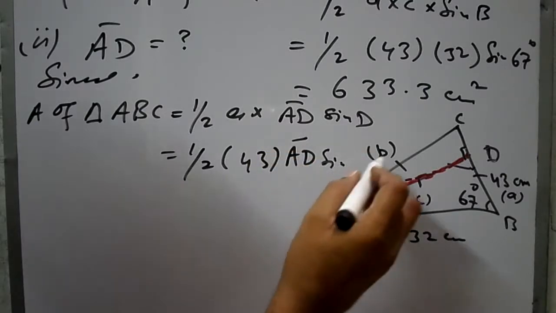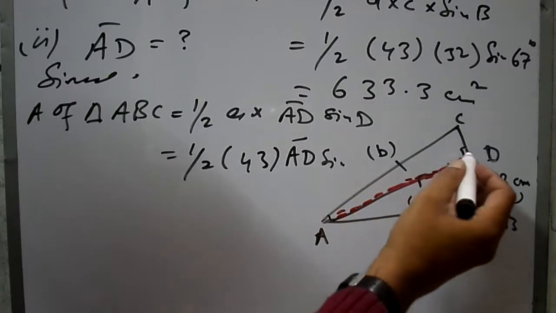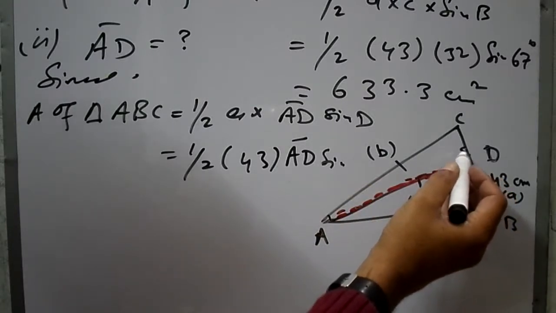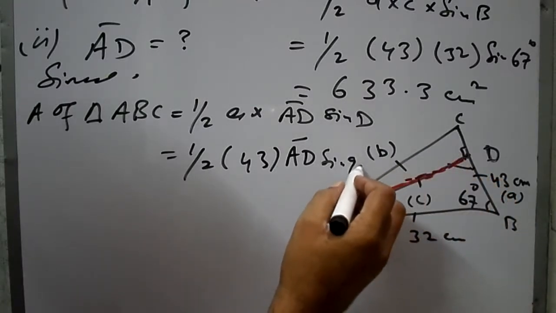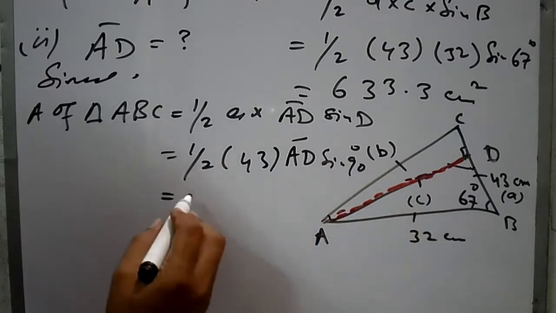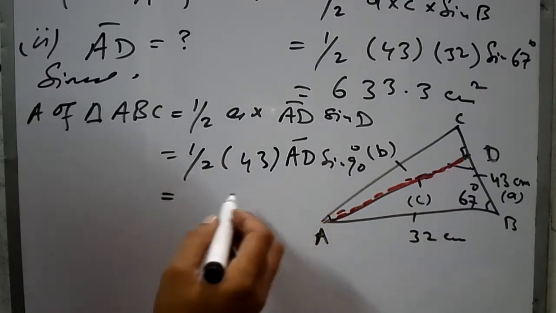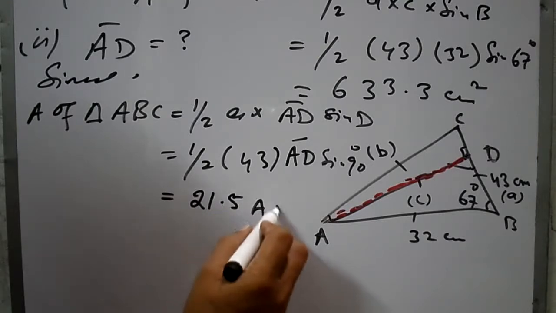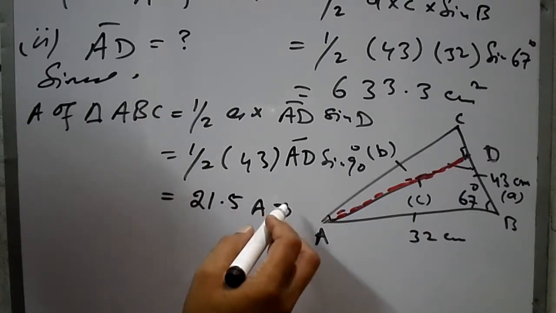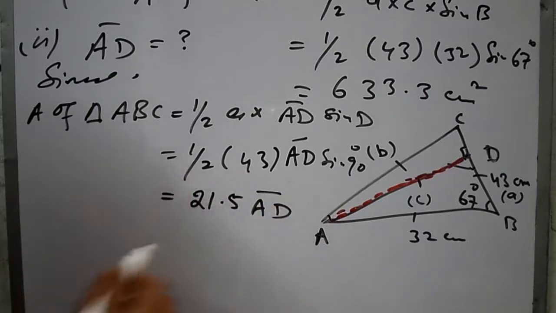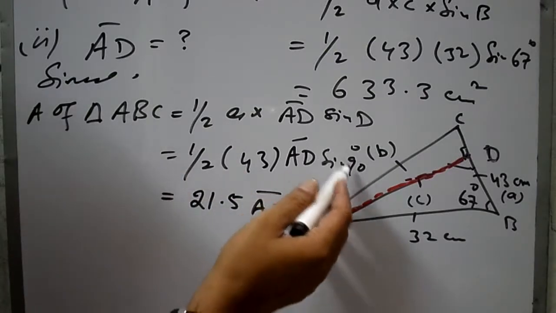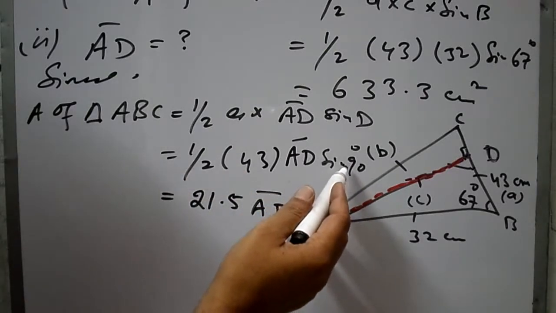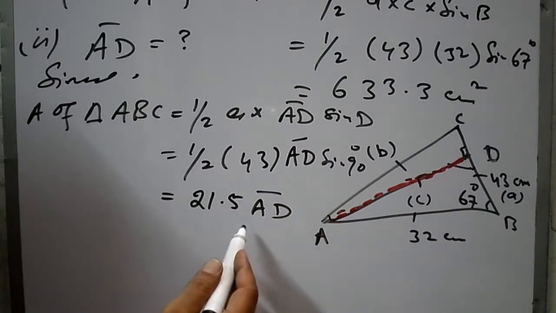So sine D, you see this box shows that it is 90 degrees, so on simplification you will get 21.5 AD, because sine 90 is equal to 1.